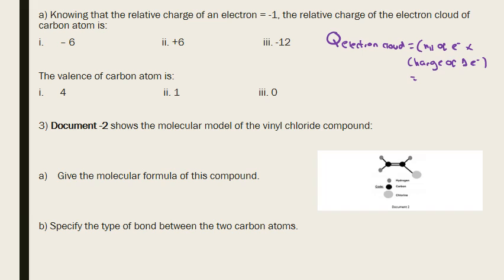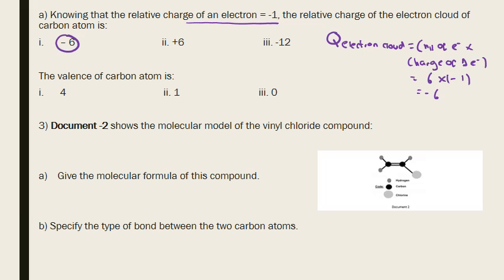Now we know that the number of electrons from the previous slide for carbon is 6, times the charge of an electron, -1. Remember to put it in brackets, which equals -6. So therefore it's -6.